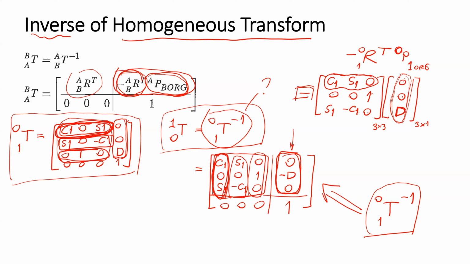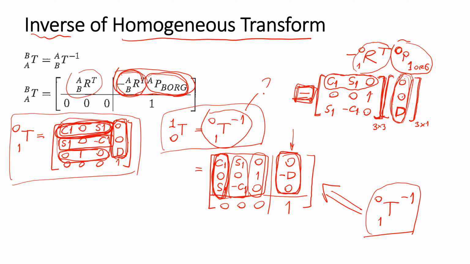is minus of the rotational matrix transpose multiplied by the position vector of the origin of frame 1 with respect to frame 0. But this vector is also simple. We can pick it from the homogeneous transform. We have minus, we have the transpose of the rotational matrix, and we have the position vector here.